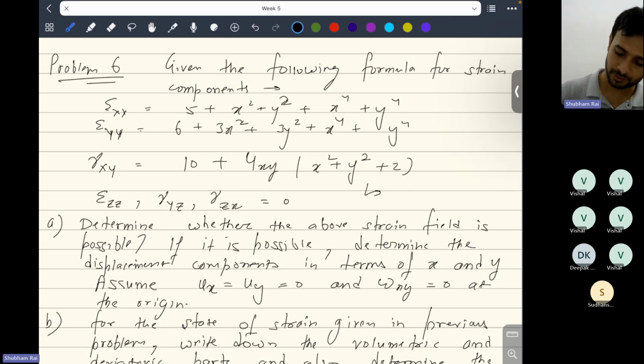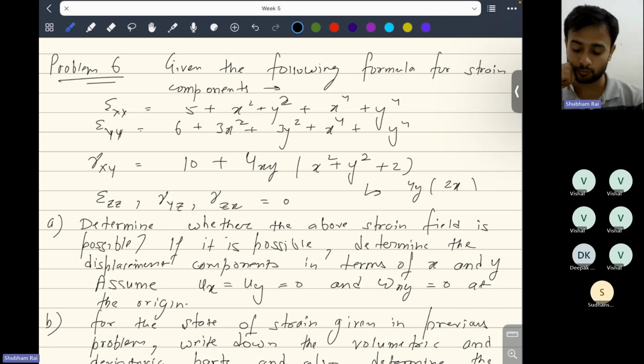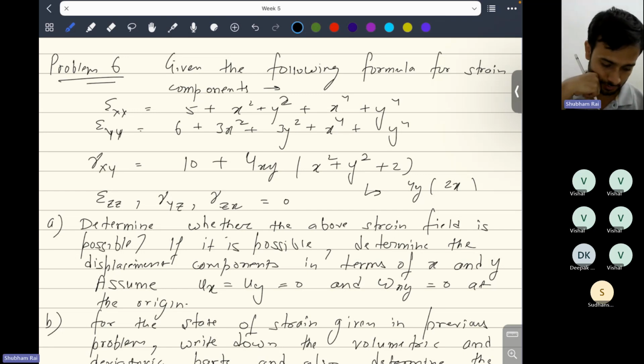If you differentiate once with respect to, let's say, x, you get 4y times 2x, right? And if you differentiate with respect to y now, you get 8x. I'm making some mistake.